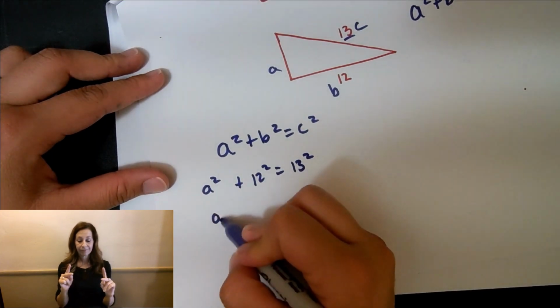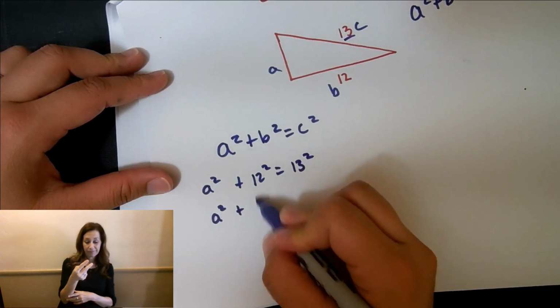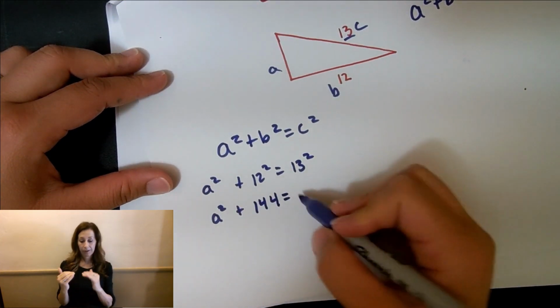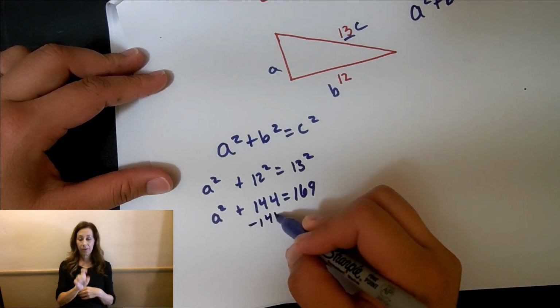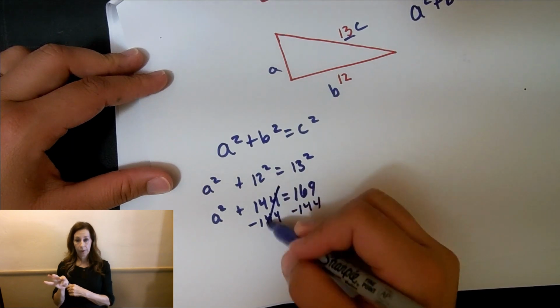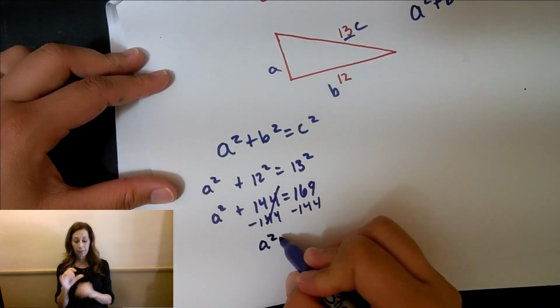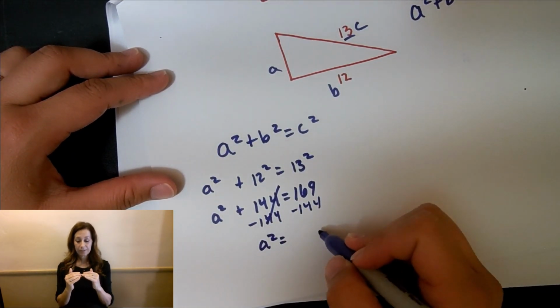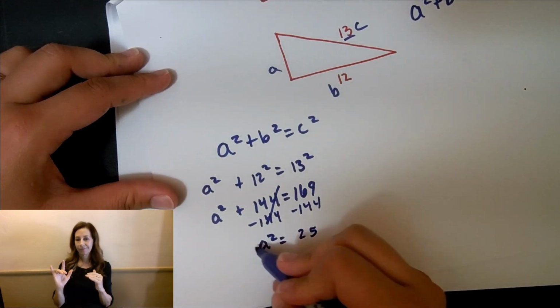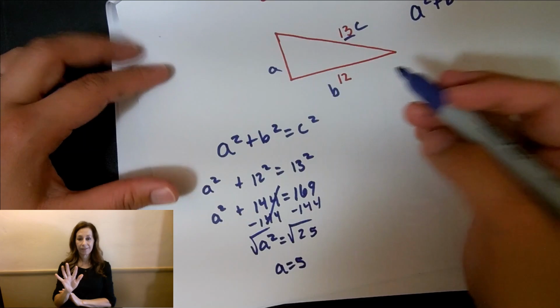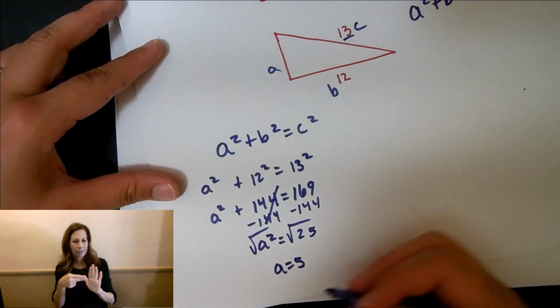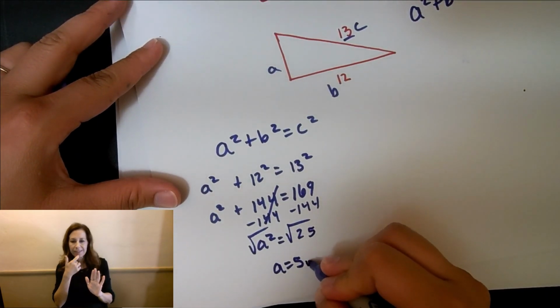A squared plus 144 equals 169. Minus 144 on both sides makes 0. A squared equals 25. Square root: A equals 5. And it didn't give me any units here, so I could just say units.